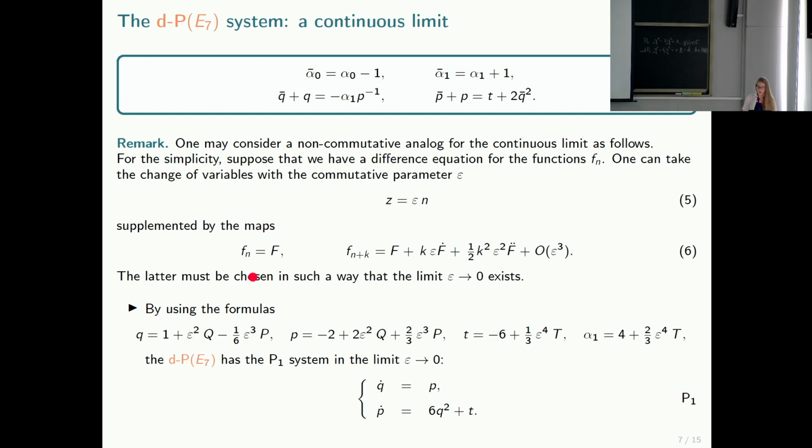The function f should be chosen in such a way that we can take this limit. In particular, in our case, we can consider this substitution, and one can verify that after taking the limit, we obtain this system that is called the Painlevé first system in the Hamiltonian form in the non-commutative case.